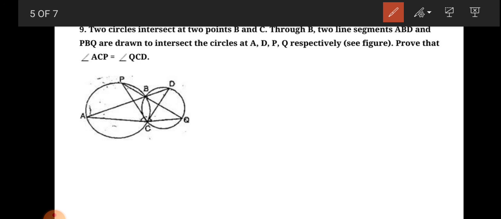We need to prove that angle ACP is equal to angle QCD. Now join chord AP and DQ.